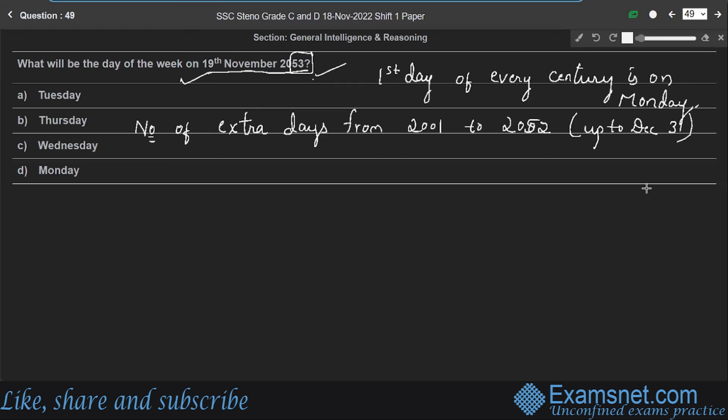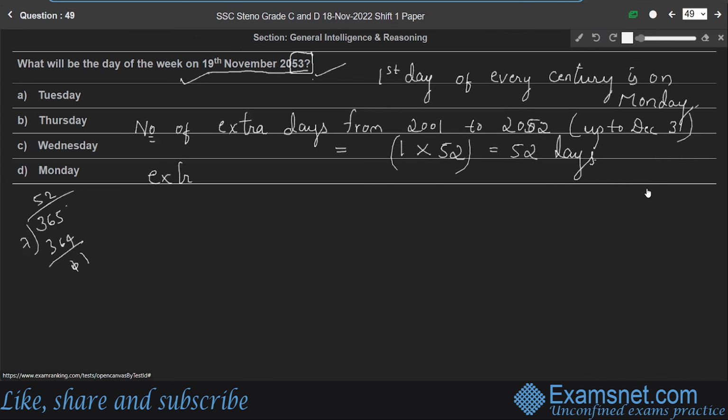In each year we'll have one extra day, since each year contains 365 days, divided by 7 will give us 52 weeks and one extra day. Therefore, each year one extra day, and we are considering 2001 to 52, so 52 extra days. Therefore, there are 52 extra days in 52 years, excluding the leap years.